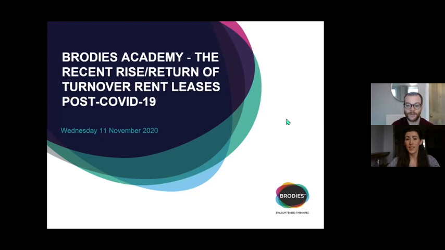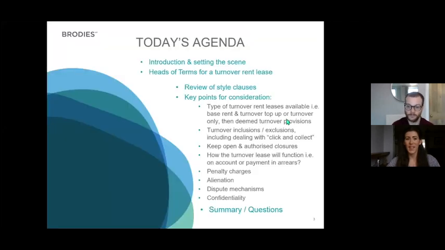So if we move on to the next slide, today we will be talking you through some style turnover clauses with the aim of showing you the additional points that come up in between us as solicitors receiving a set of heads of terms and the end product of a turnover lease being put in place.